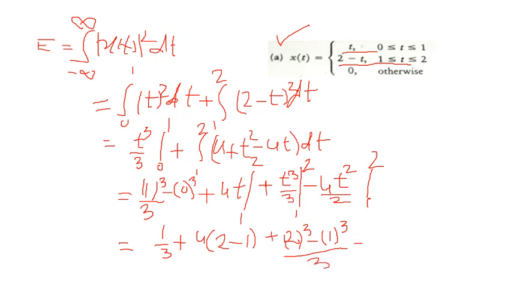Similarly, you have minus 2, and then t square will be 2 square minus 1 square, right?